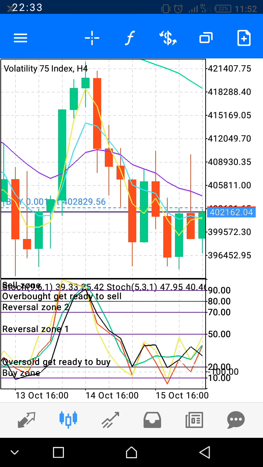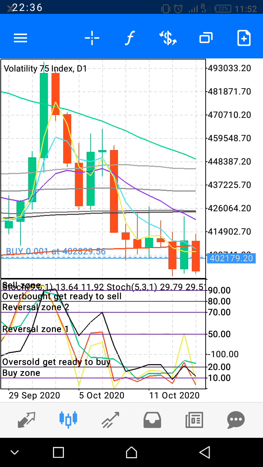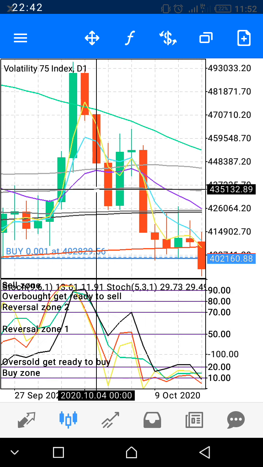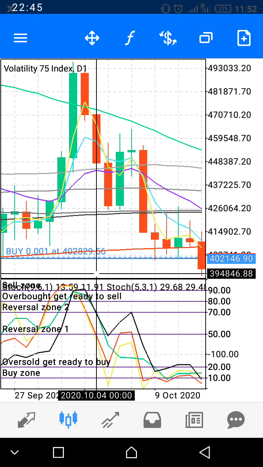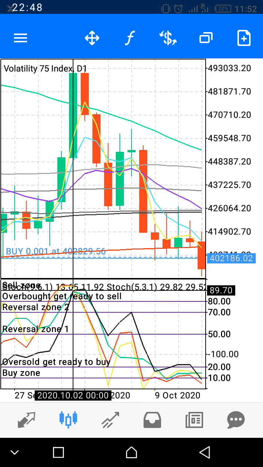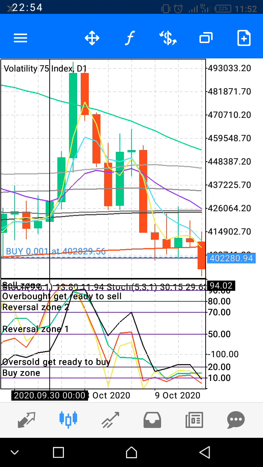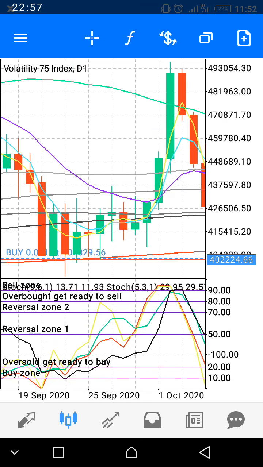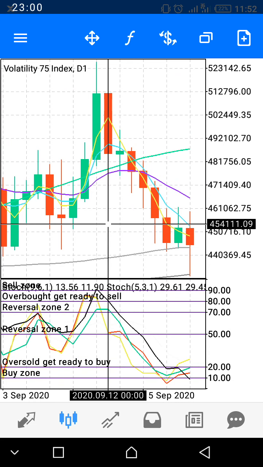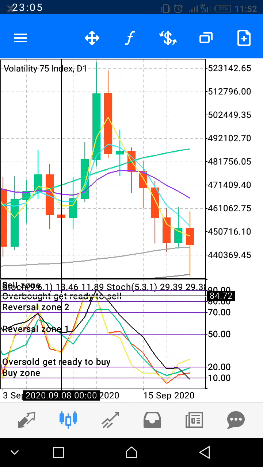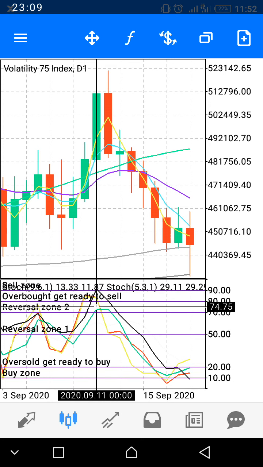Now let's go to daily. Observe something here. Every time price gets to this point, anytime the red gets up to 80 or above 80 and crosses downwards, and the yellow stochastic crosses the green stochastic, the trend for that daily has reversed.